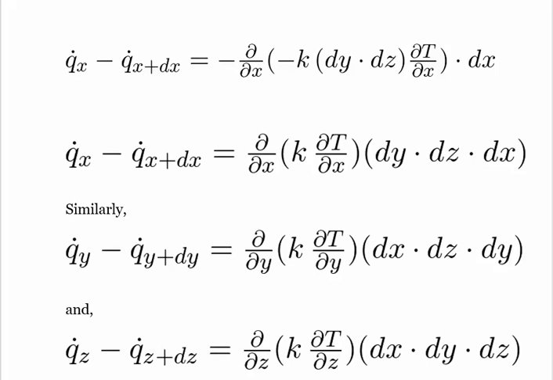In a similar way we have the equation for the z plane, that is qz minus qz plus dz is equal to ∂/∂z of k ∂T/∂z times dx dy dz. These are the equations for the x, y and z directions, as we are considering three dimensions.